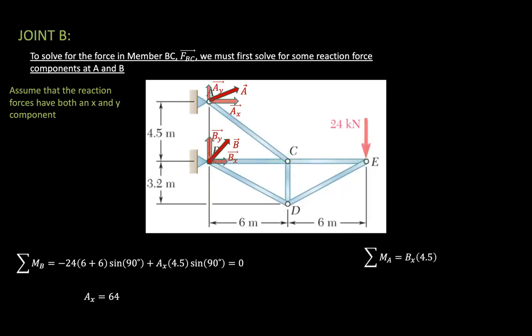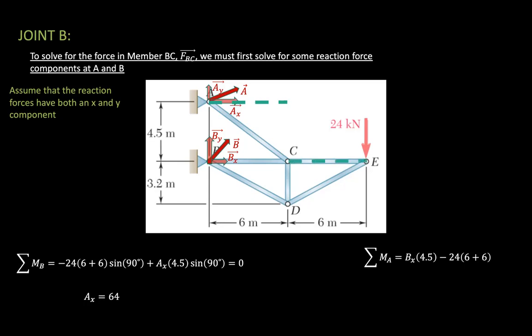Now the sum of the moments about A is equal to the X component of the B force times 4.5, as such, minus 24 times 6 plus 6. So why 24 times 6 plus 6?